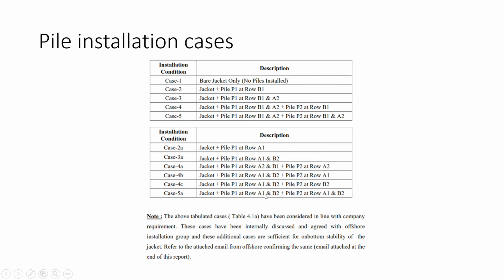You have to conclude whether it is workable or not. And if it is not workable, straight away you have to tell them these are the conditions I have checked, and you should not install the pile.